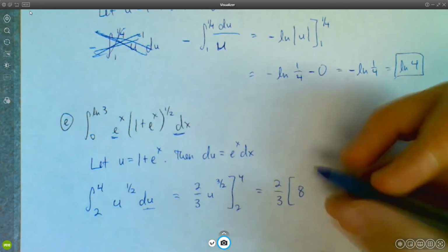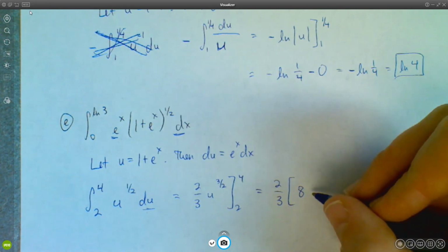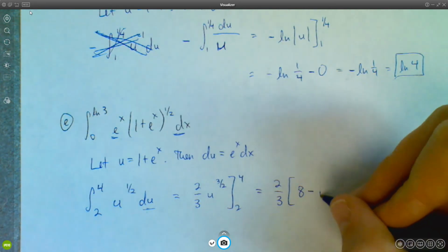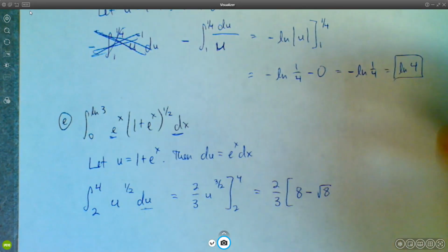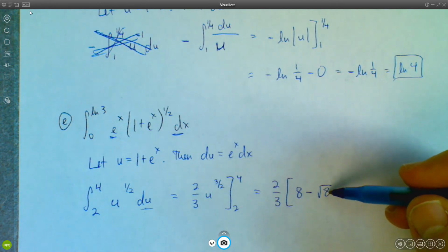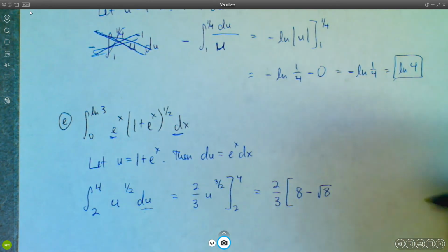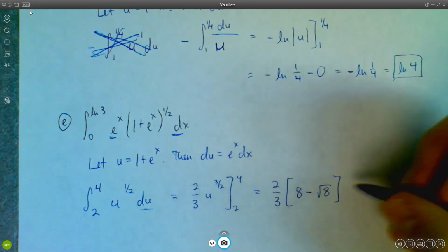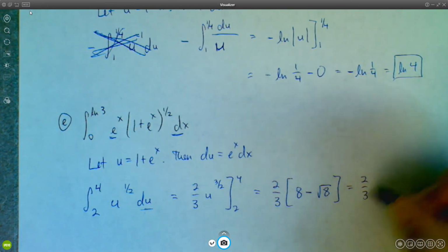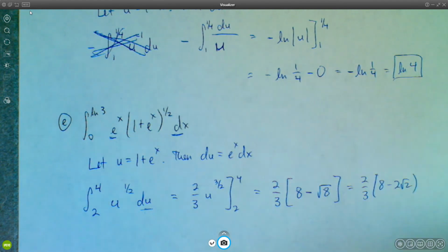Square root of 2 cubed is square root of 8, I guess I could call it, right? Or if you want, you could call this 4 times 2. Square root of 4 is 2, so you call it 2 root 2. But you get 2/3 times 8 minus 2 root 2.